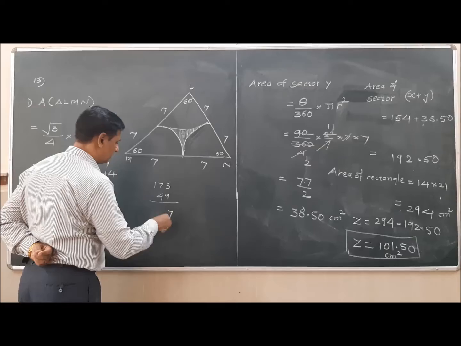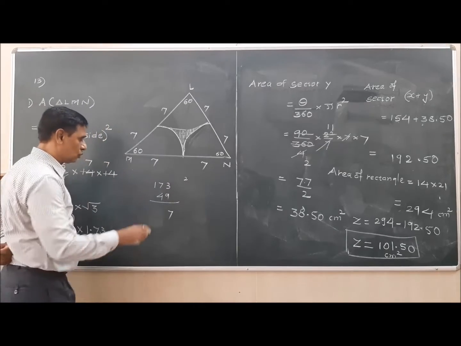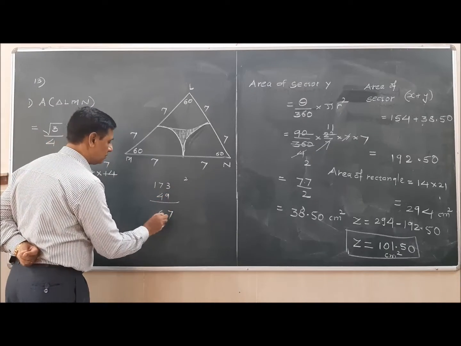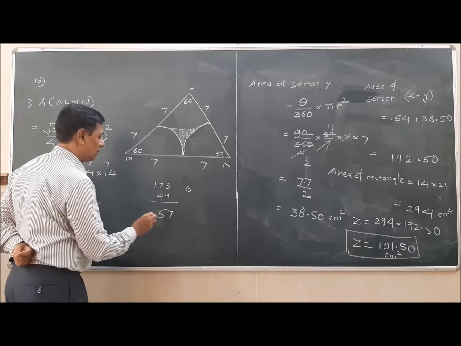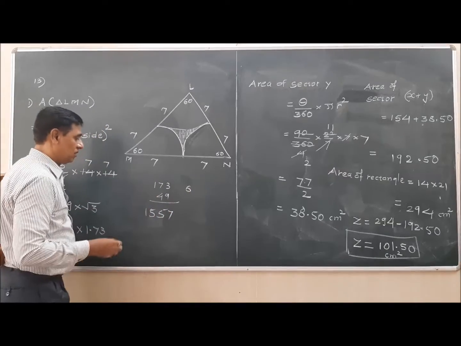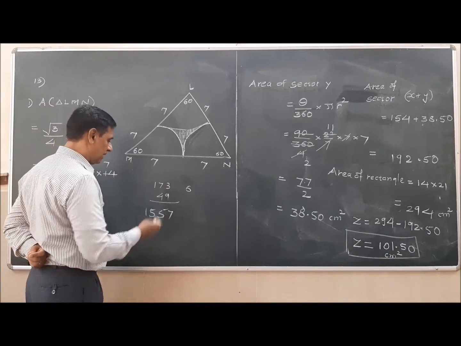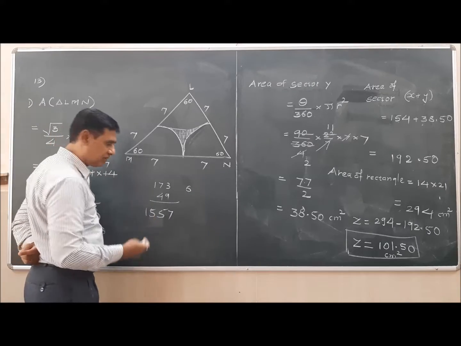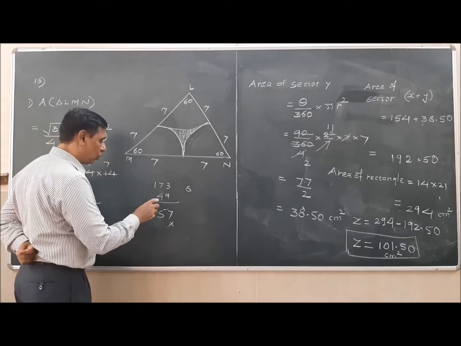9 3s are 27, carry 2. So after multiplying 173 by 9, I got it as 1557. Now I will multiply by 4.